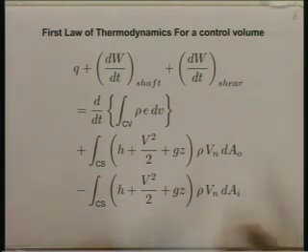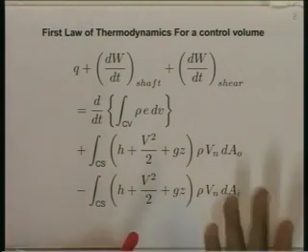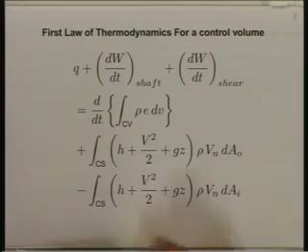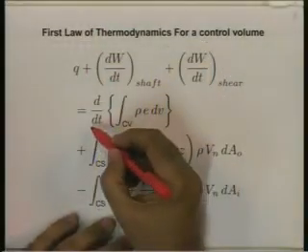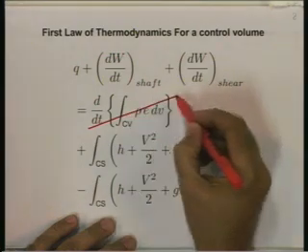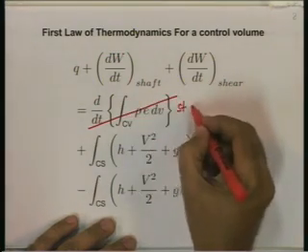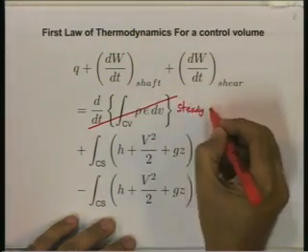In a general forced convection situation, many of these terms would be non-existent or negligible. We can get rid of them. For example, we will assume that steady state exists. So if you have steady state, this term will go away.